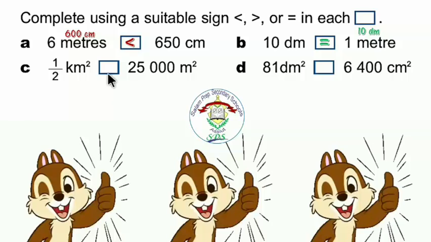So the sign will be greater than. 81 square decimeters and 6,400 square centimeters. 81 square decimeters equals 8,100 square centimeters. So the sign will be greater than.